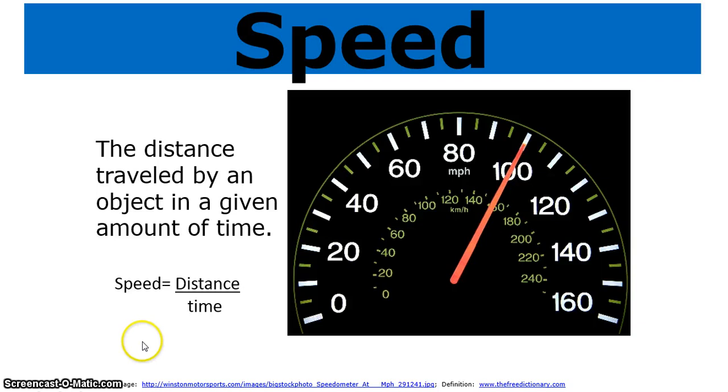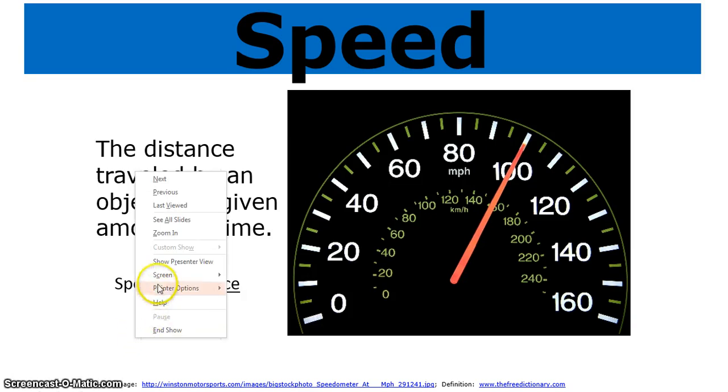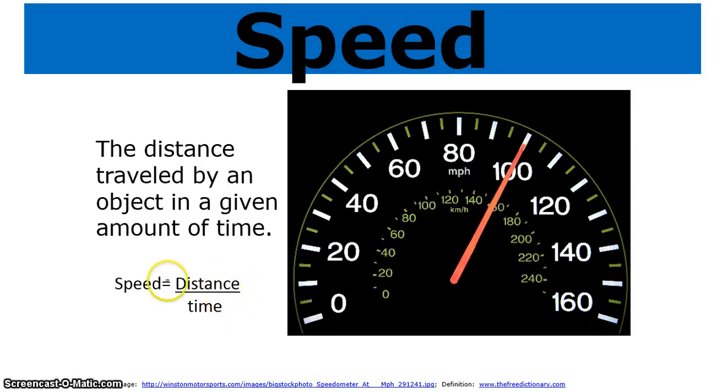In 6th grade, you learned about speed, and you learned to calculate speed by looking at total distance divided by total time. So we're going to do a little practice here for you to remember. Remember, distance here is your numerator and time is your denominator.